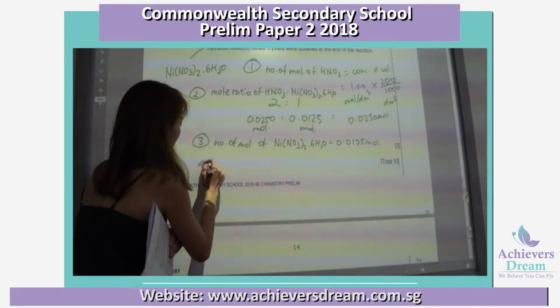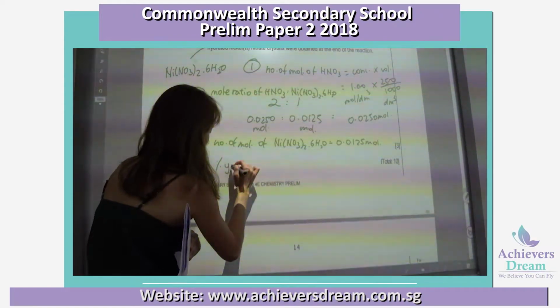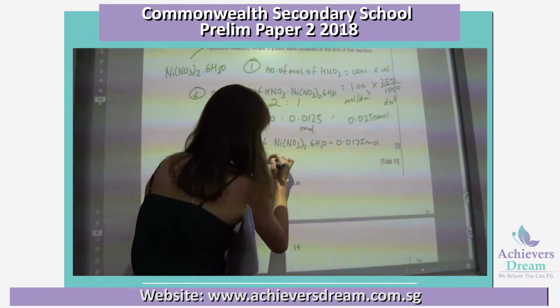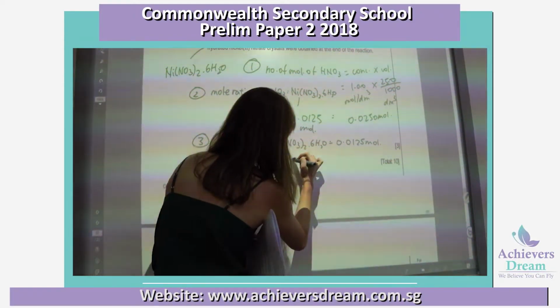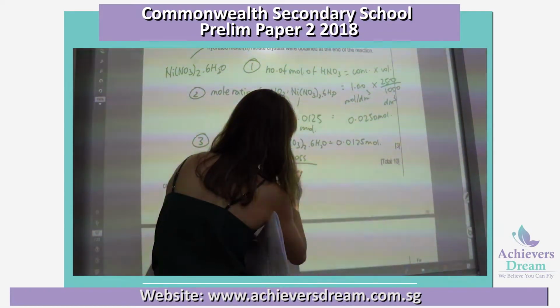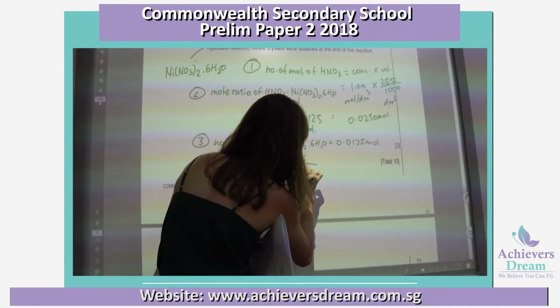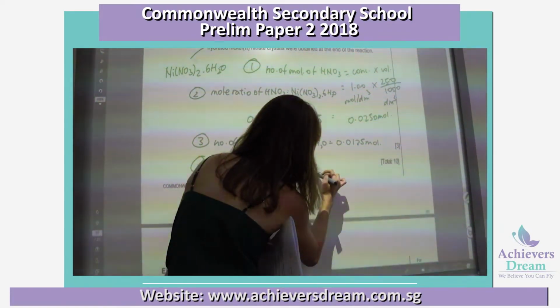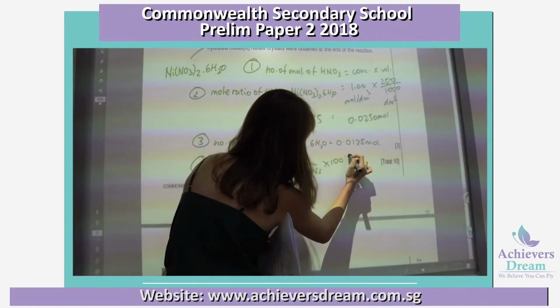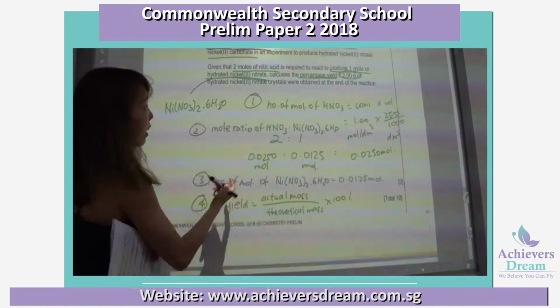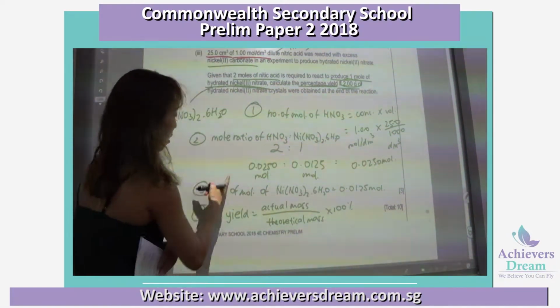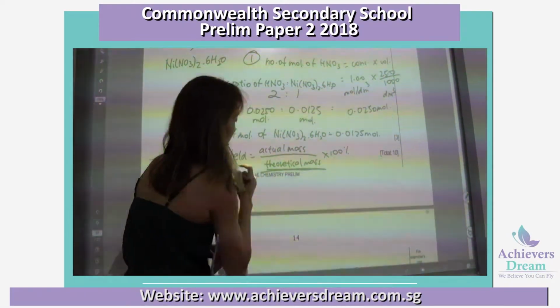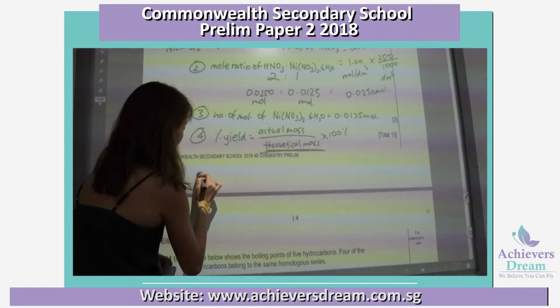Correct? I want to find the percentage yield. What is the formula for percentage yield? It equals the actual mass over theoretical mass times 100%. Correct? I know that the actual mass is 2 grams. But what is the theoretical mass? I don't know, so I need to calculate it.